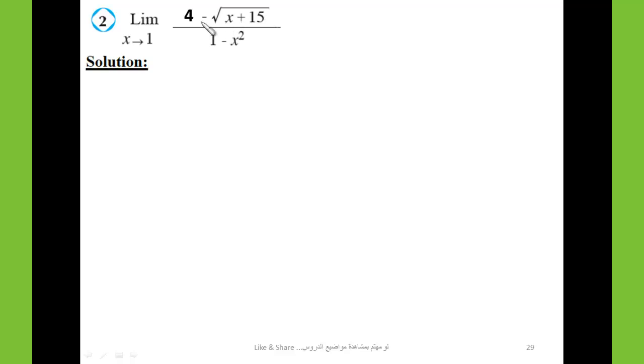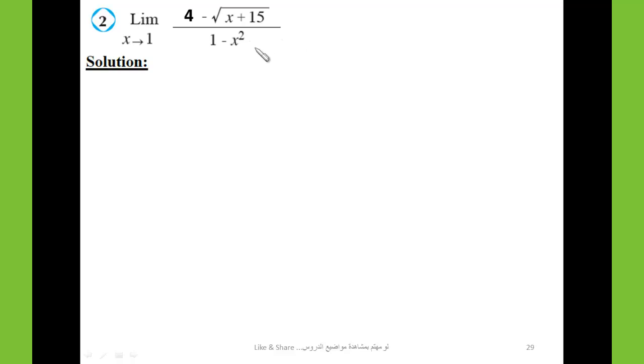So the numerator will be 4 minus 4, which equals 0. And when you substitute x equals 1, we have 1 power 2 in the denominator, and it will be 1 minus 1, also equals 0. So when you substitute directly with x equals 1, you will get 0 over 0, and it is an unspecified quantity.